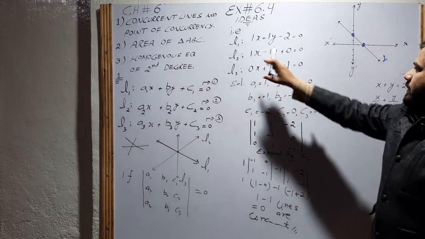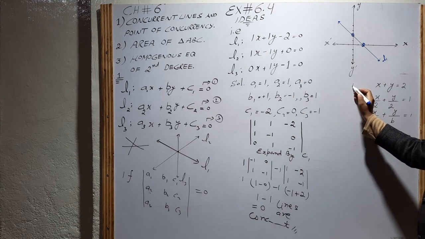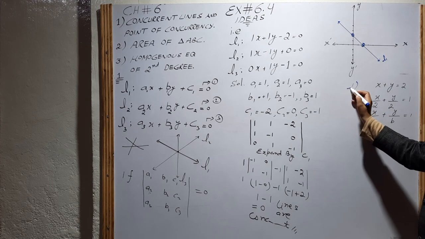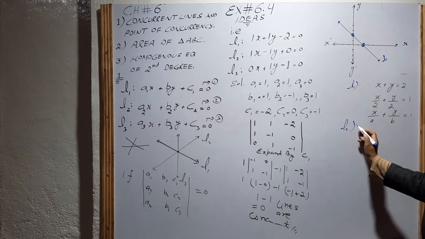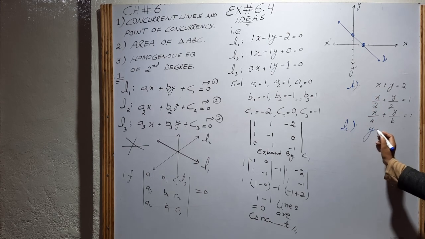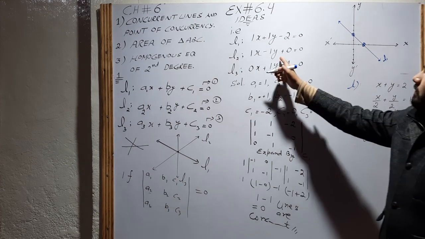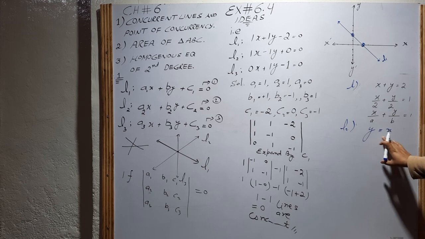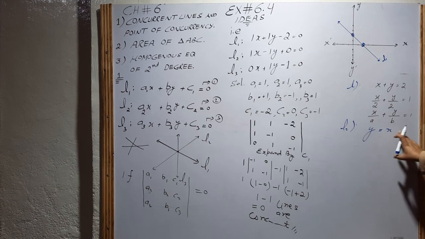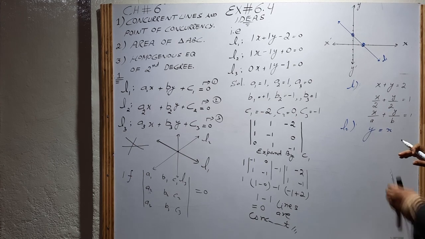For line 2, this can be written as y is equal to x, so y is equal to x. It is the identity function, there is no intercept, which means it passes through the origin.